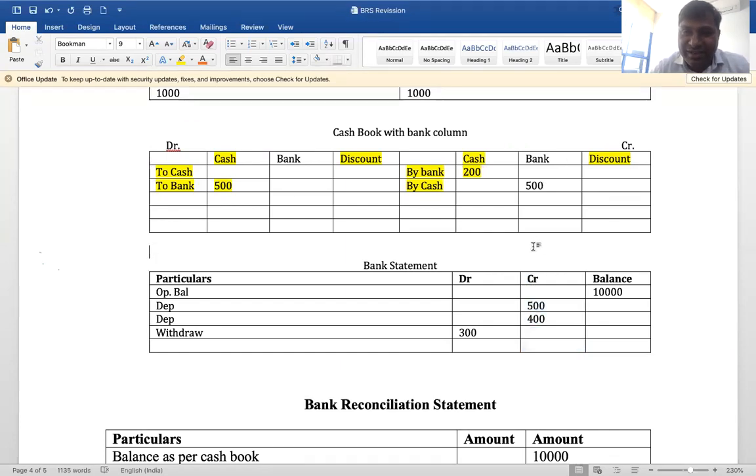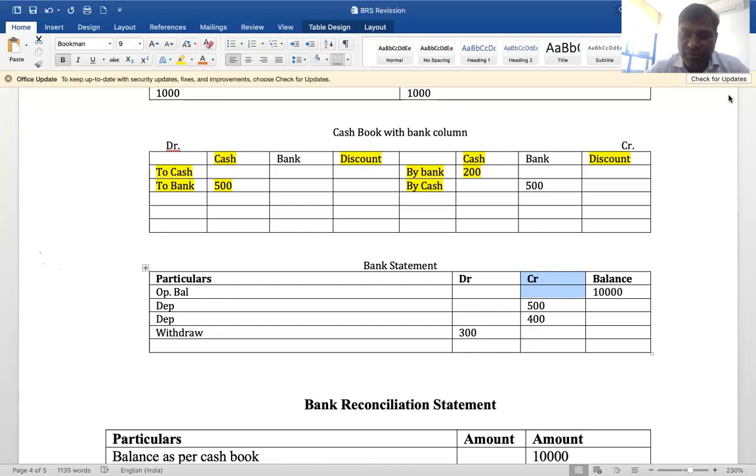Look at this: what is debit here is credit in the bank statement. Debit balance we always add and credit balance we always subtract. Yes, this is to be subtracted.